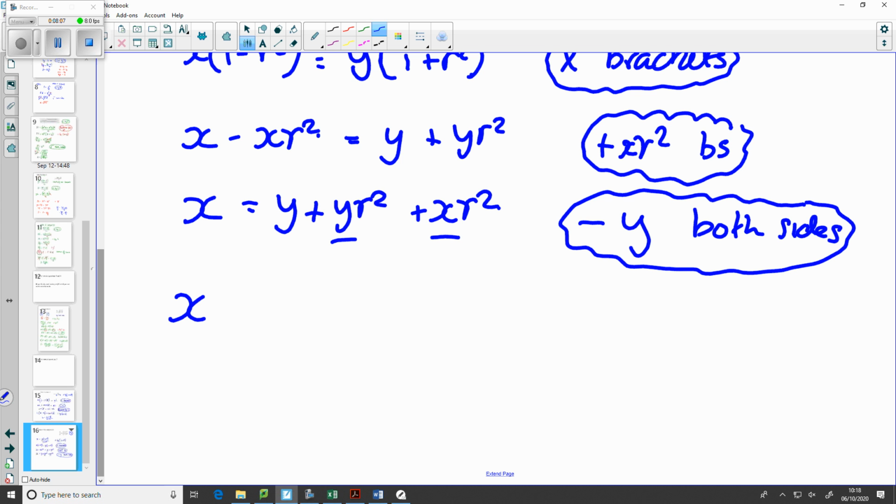X minus y is equal to yr squared plus xr squared. Next, factorise r squared.